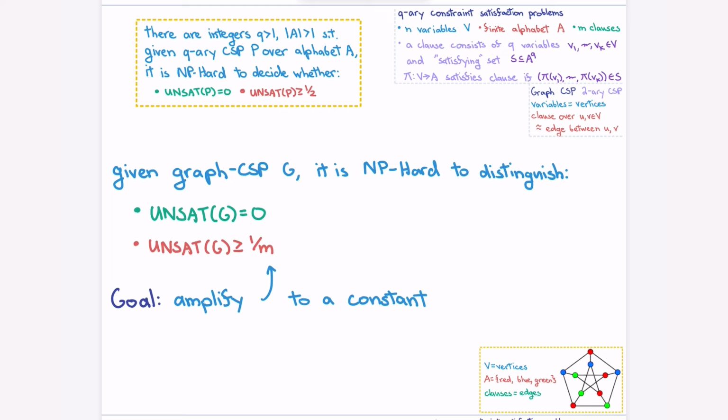Once you get it to a constant, then you have something that's sort of in PCP land. If you want to test to see if something's happy, you can just check a random edge, and if a constant fraction of them are mistakes, with constant probability you'll find one. So once you get to a constant, you're basically okay.